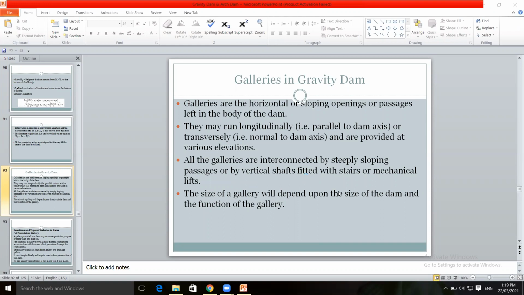The size of the gallery will depend upon the size of the dam, and it depends upon the function of the gallery, which type of gallery is to be provided. It may be rectangular, circular, or oval shape.